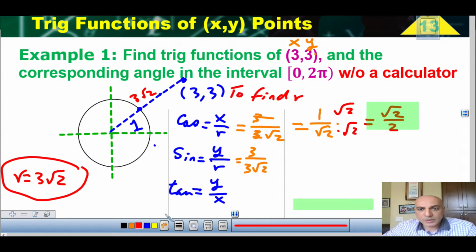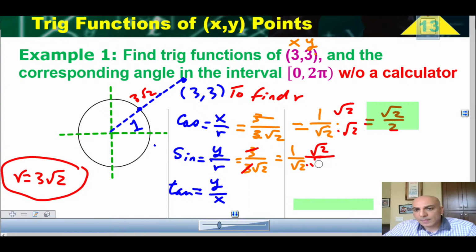Again, you just cancel things out, and that's going to leave you with 1 over square root of 2, which again you have to rationalize. Square root of 2 over square root of 2, and that should leave you with, again, square root of 2 over 2.